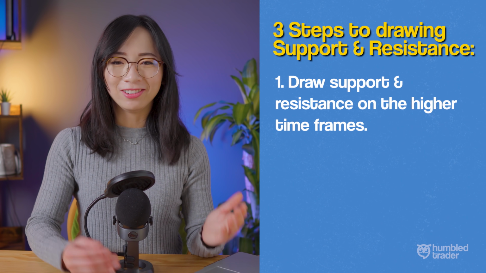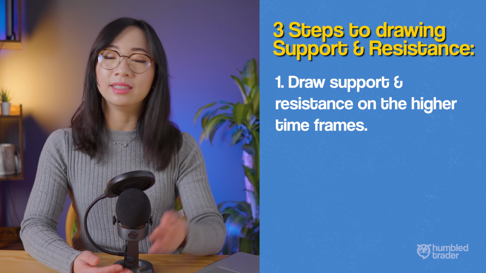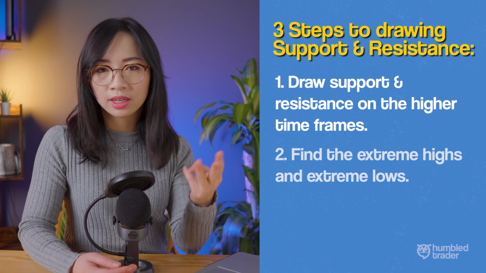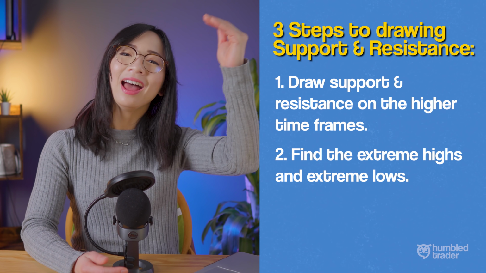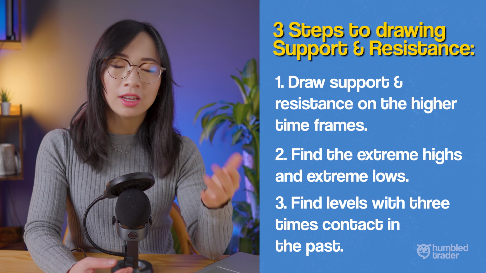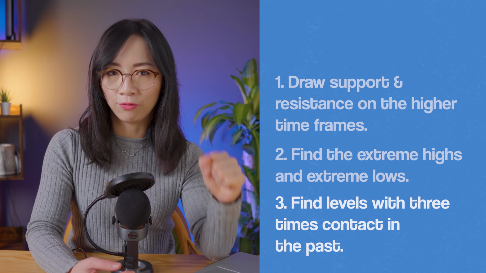Again, always draw out the support and resistance on the higher time frames, the daily chart, the weekly chart, or the hourly chart, and draw out the most obvious levels, the extreme highs and the extreme lows. And don't forget that these levels should have touched 3 candles or more in the past before.